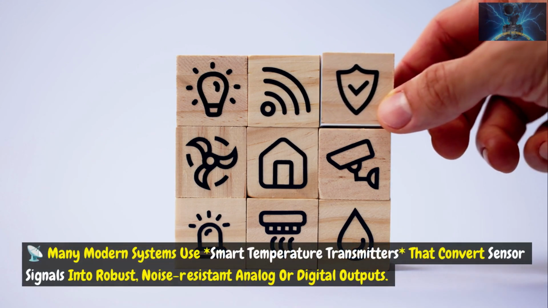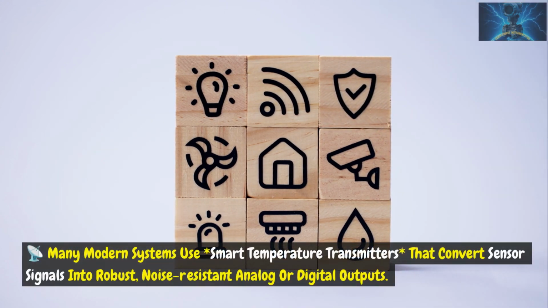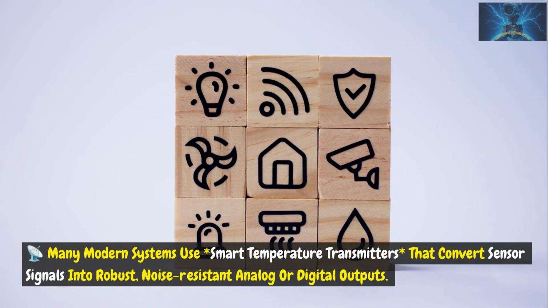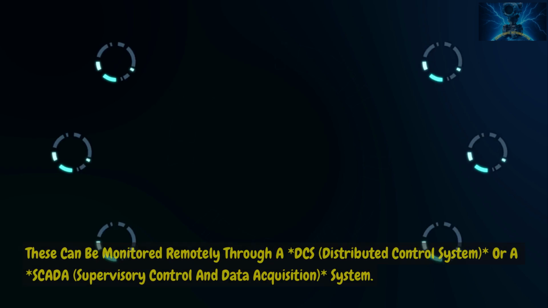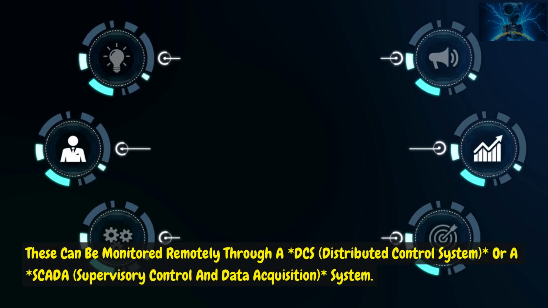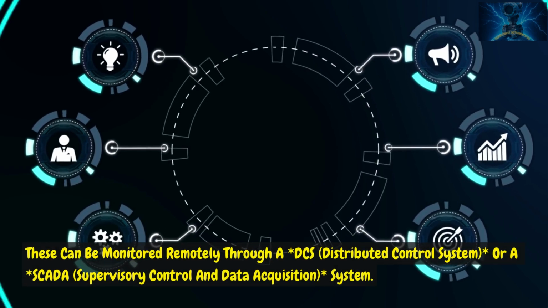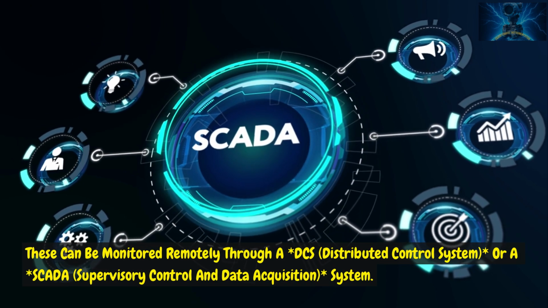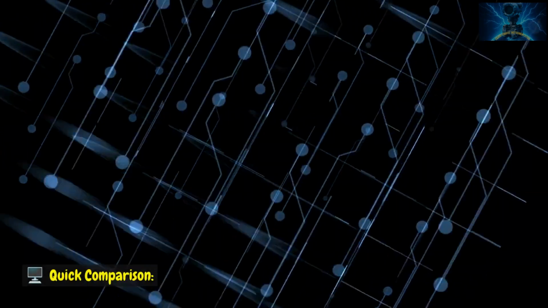Many modern systems use smart temperature transmitters that convert sensor signals into robust, noise-resistant analog or digital outputs. These can be monitored remotely through a DCS, distributed control system, or a SCADA, supervisory control and data acquisition, system. Quick comparison.